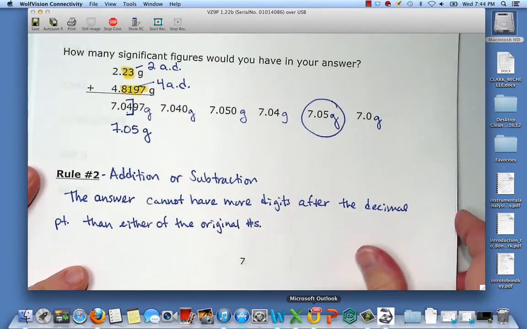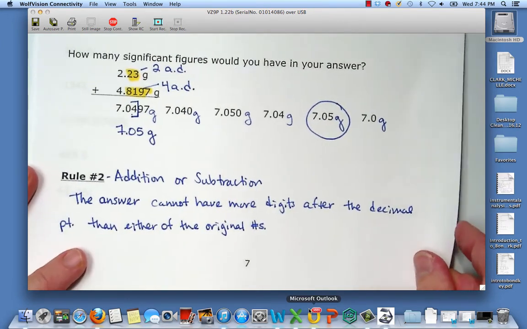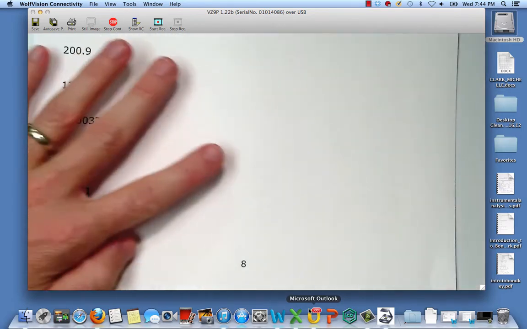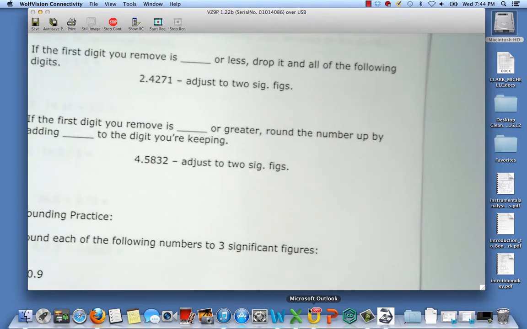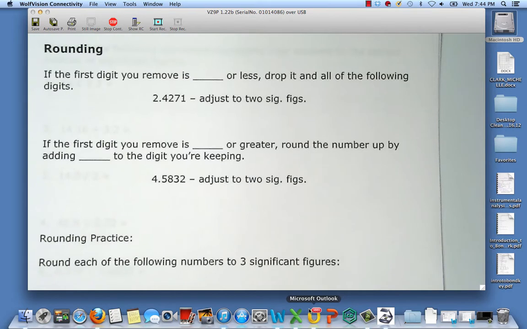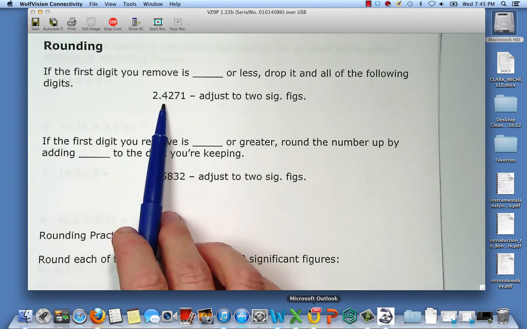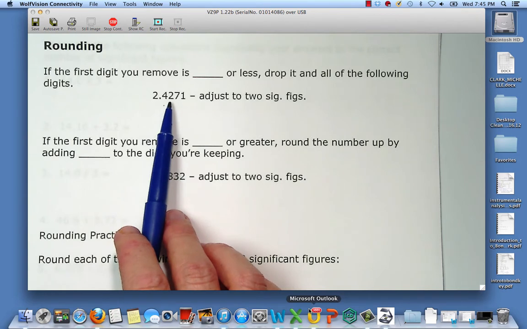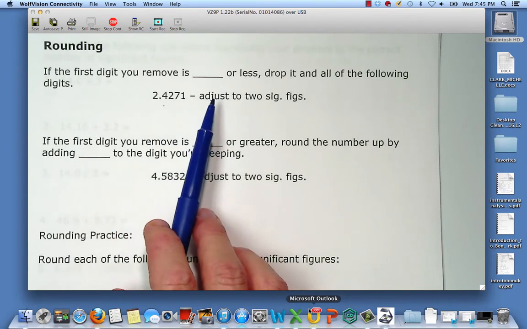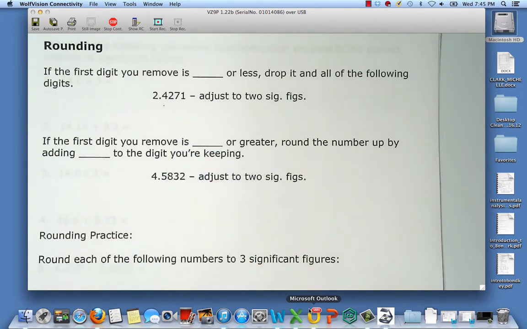And on the next page, I have that rounding explained. So if I want to adjust this measurement to 2 significant figures, I would put my bracket between the 4 and the 2.